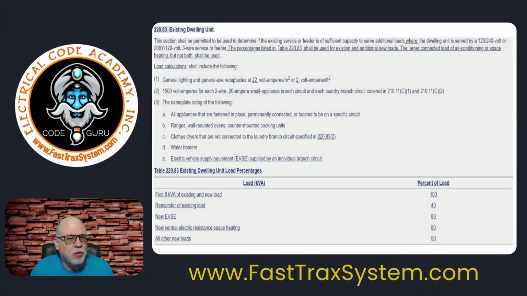Now, it might be difficult for you to see it, so bear with me. So what it's saying is, now you notice something different here. It's not broken up into an A or a B, but it makes more sense because of the diversity aspects of it. So I'll read it for you.